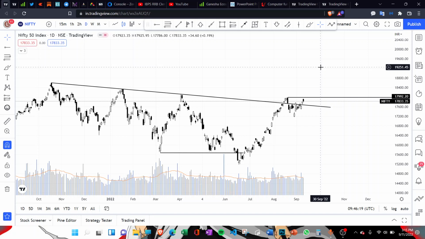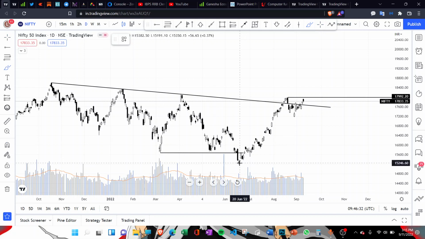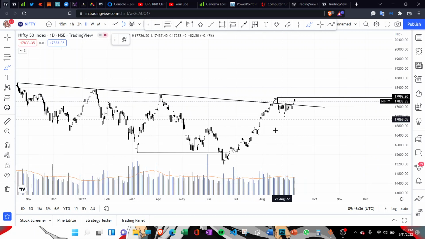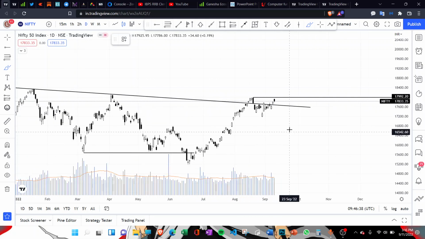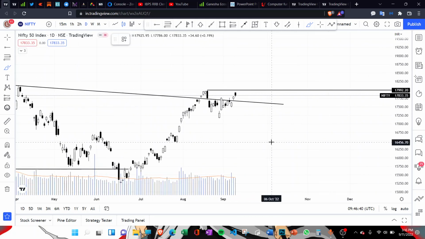Before that, let's take a look at this Nifty 50 index, how the broader market is performing. As you know, the market has been rising since June 20 something, and it has been consistently rising as compared to the foreign markets, especially the American markets and other markets as well, that are continuously falling.